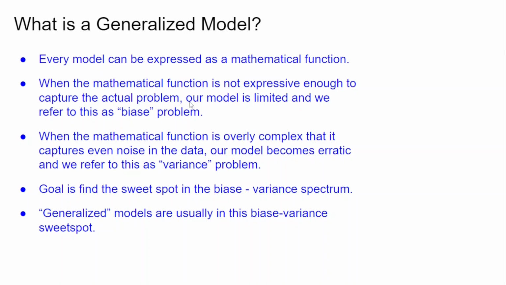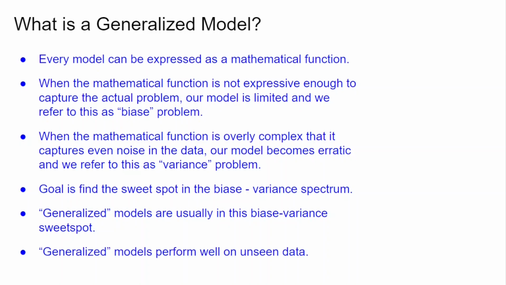That is what we define as generalized models. Now I want you to step back and think about the various models you have studied, and keep pondering the question: how do we find this bias-variance spectrum for your own domains and for the various models we have seen?